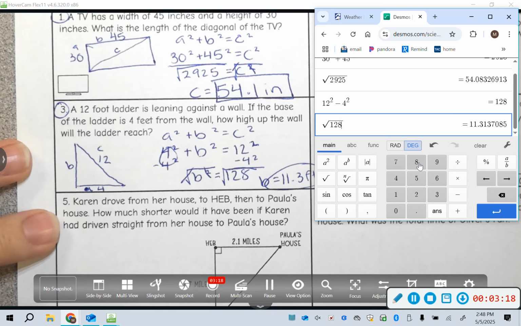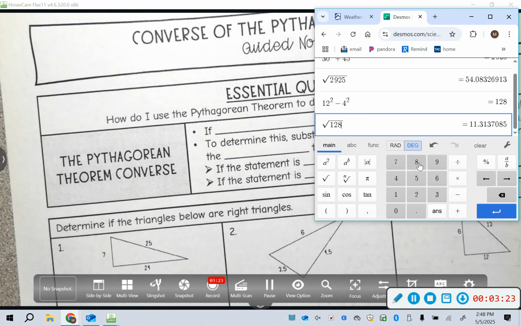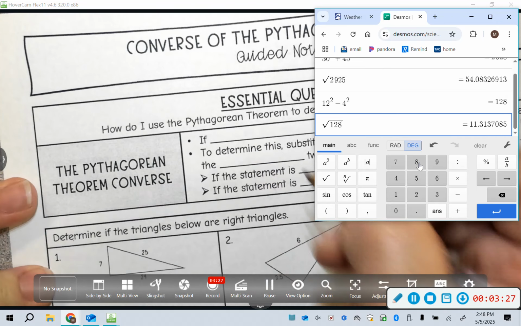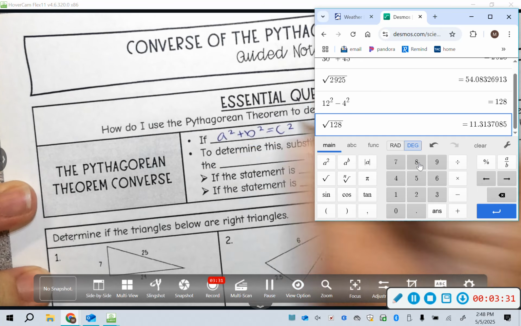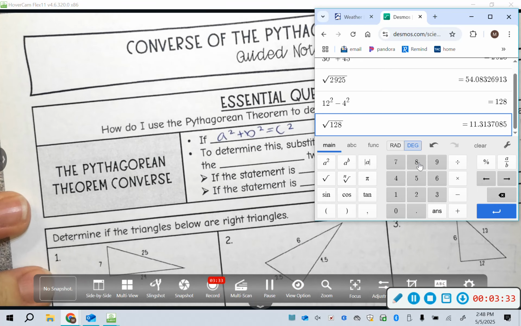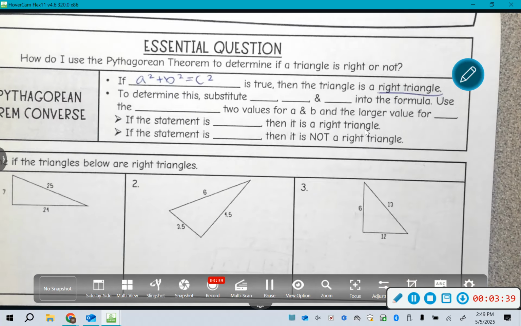Okay, let's flip it to the back. So here is the converse of the Pythagorean theorem. If A squared plus B squared equals C squared is true, then the triangle is a right triangle. Sorry, you couldn't see where I underlined. I'm going to get rid of the calculator for a minute.